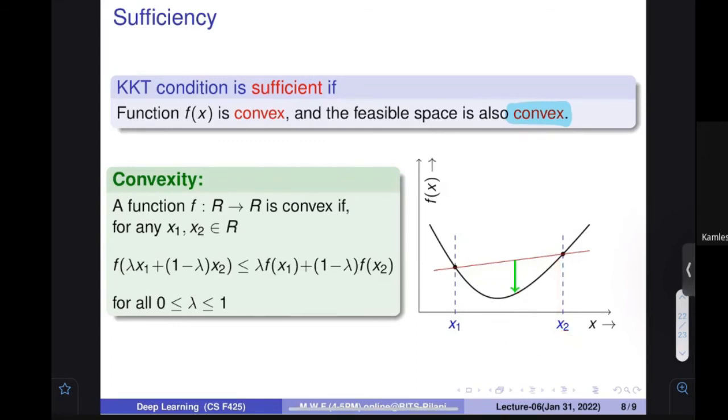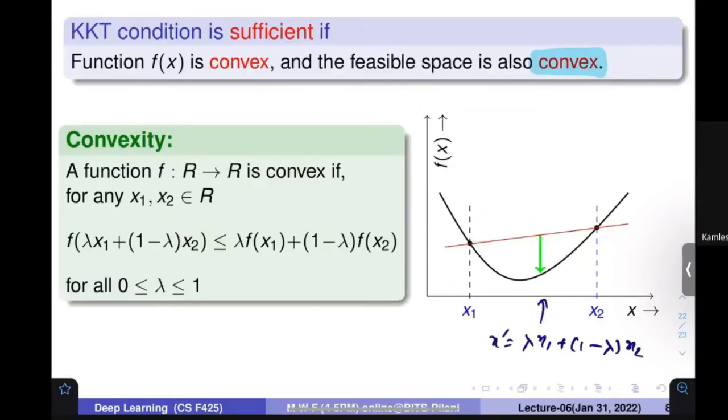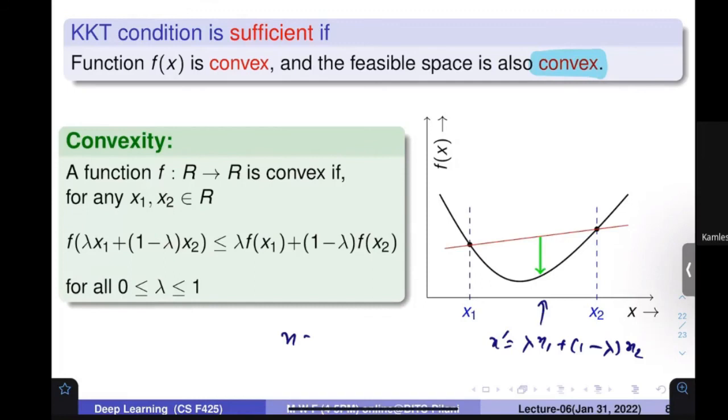If you want to find any middle point, I can write, for example, lambda times x1 plus (1 minus lambda) times x2. I can say that this is the new point x dash. Here lambda takes a value from 0 to 1.